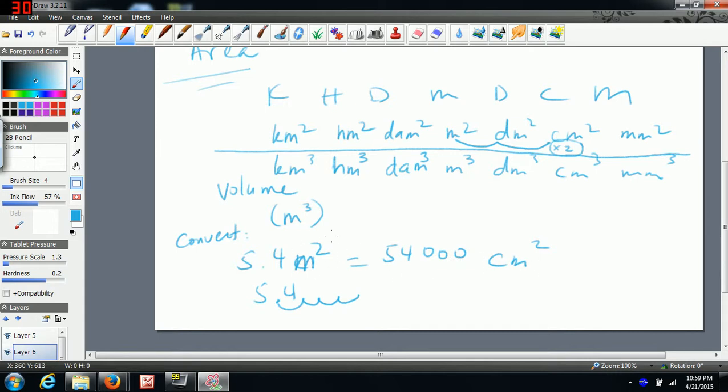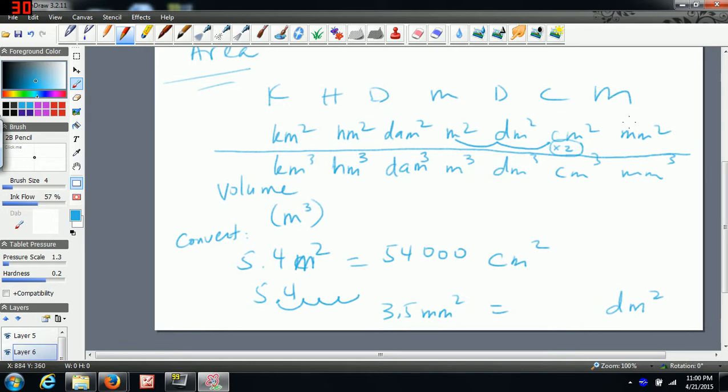So when you're going from squared units, you have to multiply your conversion by 2. Say 3.5 millimeters squared is equal to how many decimeters squared.